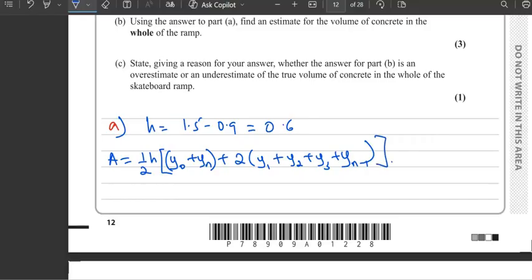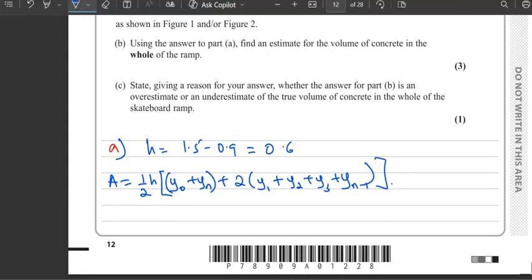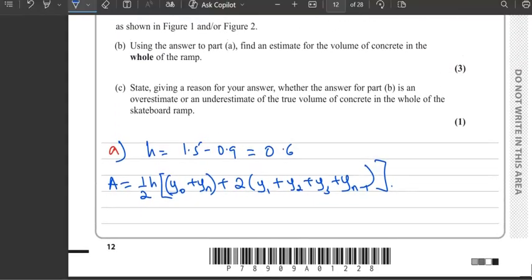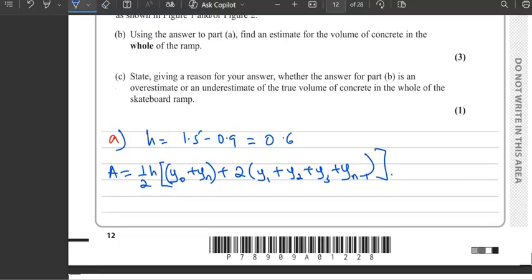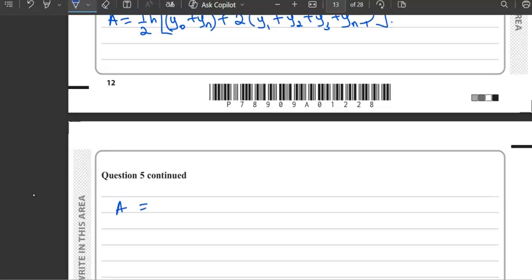Now if we substitute based on the values we have in the table, we'll say that the area here will be equal to a half, of course, times 0.6, open the bracket.